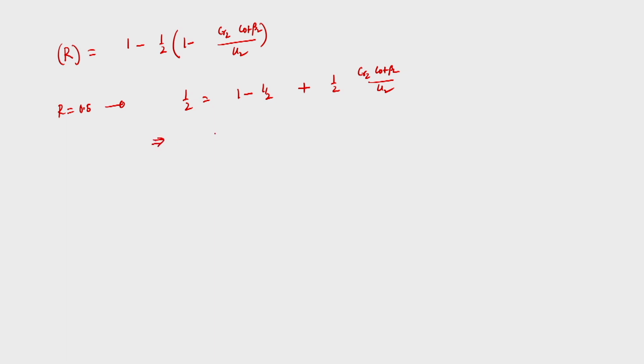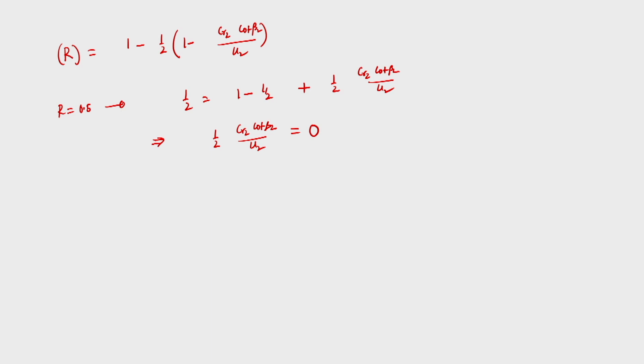So, that means we get half CR2 cot beta 2 by U2 equal to what? That is 0, right. So, from this expression, what can I obtain? Half into CR2 cot beta 2 by U2 is equal to 0 if R is equal to 0.5.